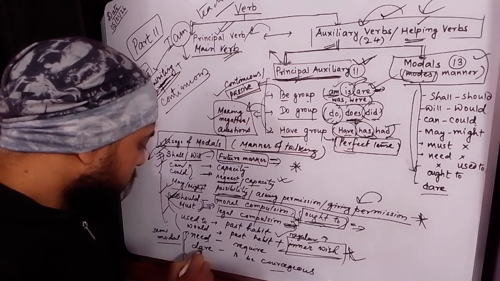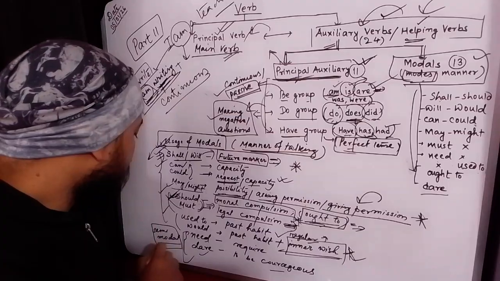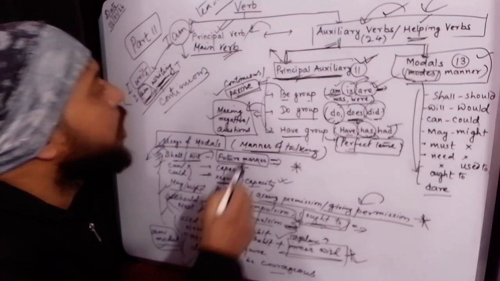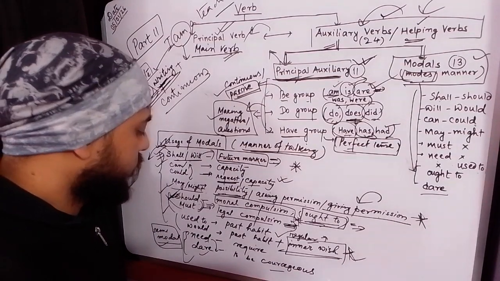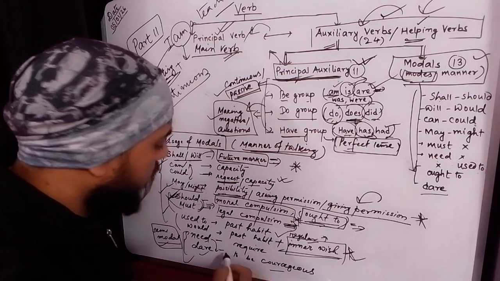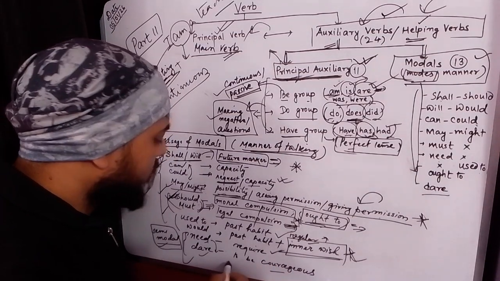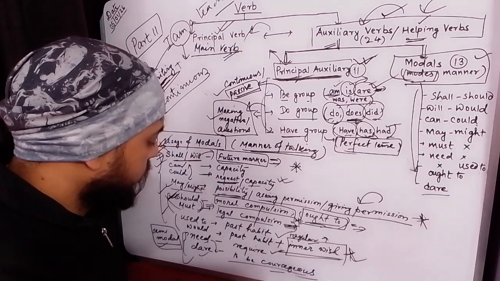Finally comes need and dare. They are called semi-modals. Semi means half. So half modals. That means sometimes they can play the role of principal verb, in fact. It happens. And basically need means require or requirement, and dare means to be courageous. How dare you do that?